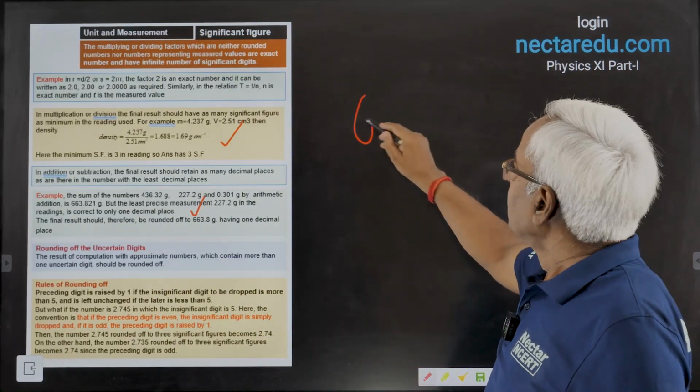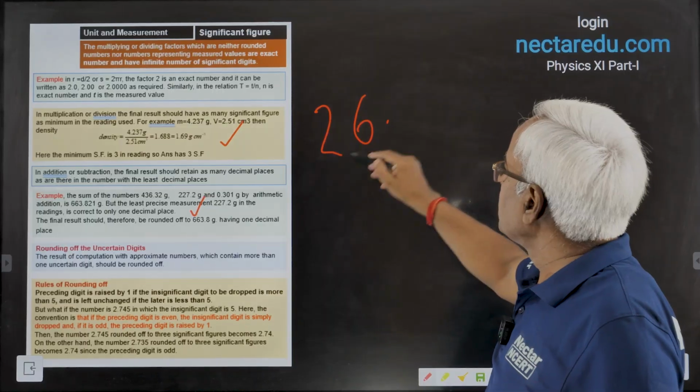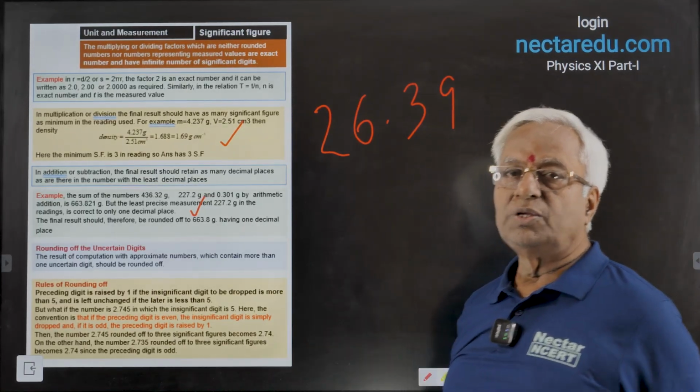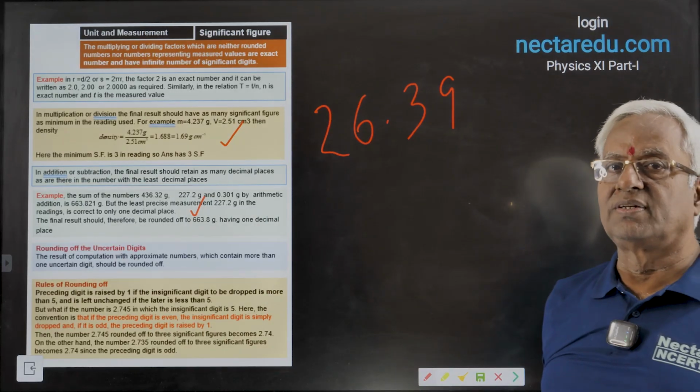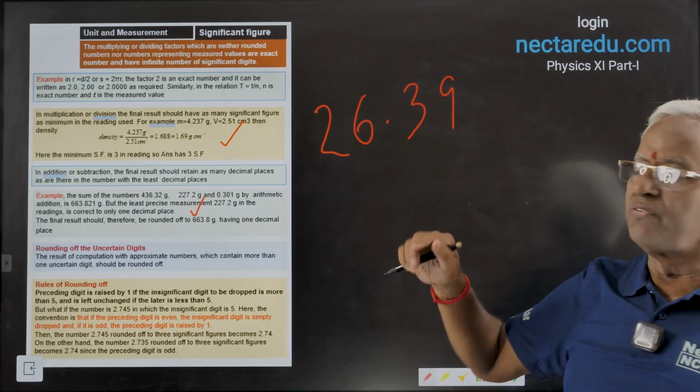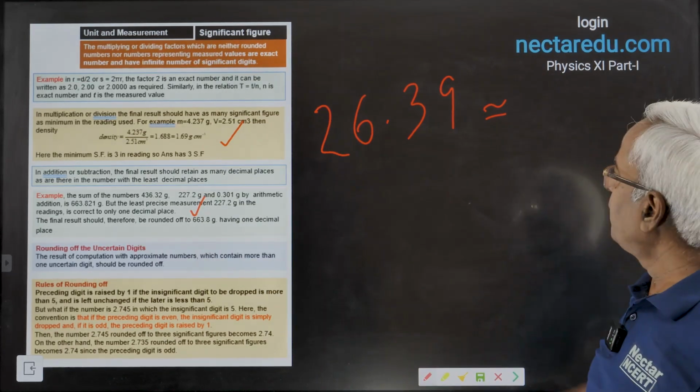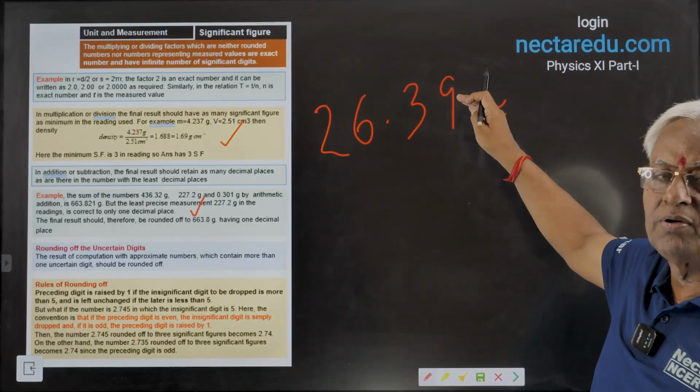For example, 26.39. You want to remove the last digit. That will be known as rounding off, meaning one digit you are going to reduce. So you have to see whether this is greater than 5 or less than 5.